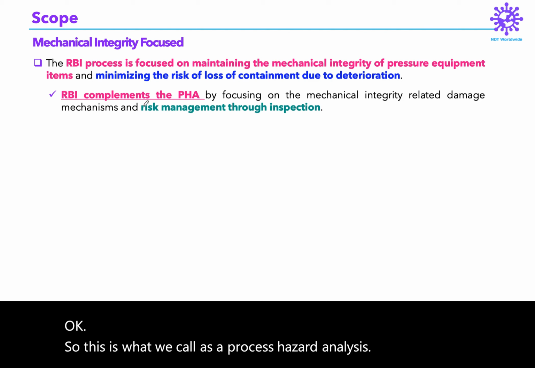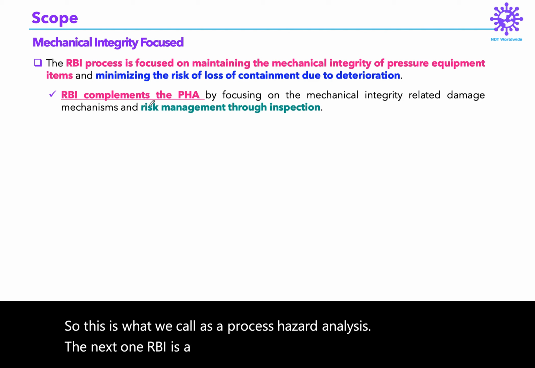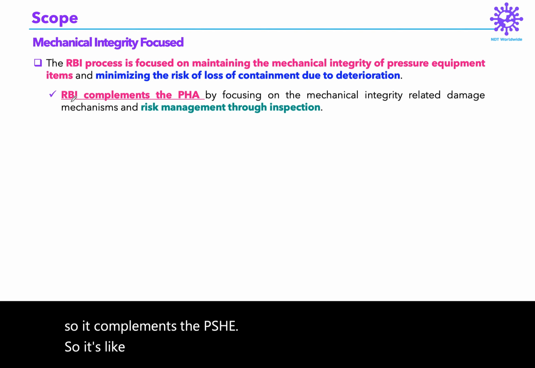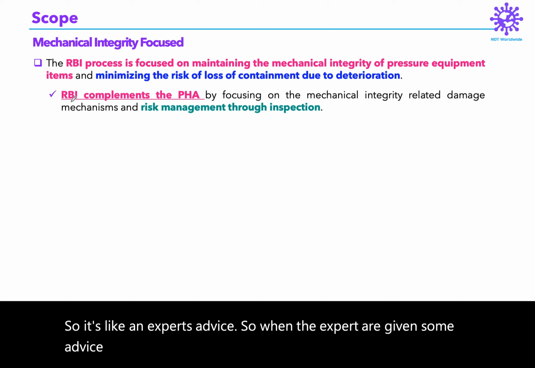The next one, RBI is not a replacement, but how does it help this PHA? It complements the PHA. So it's like an expert's advice. When the experts give some advice to these local doctors, they can give it a try and they can yield better results.